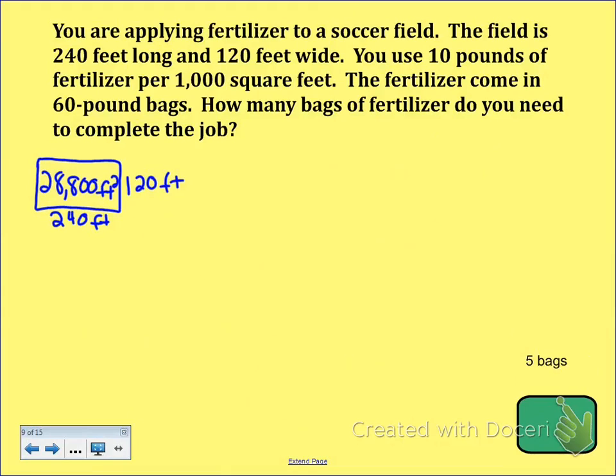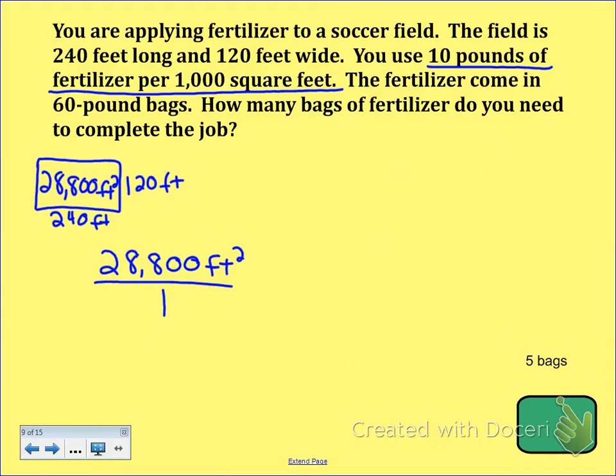So now we need to find out how many pounds of fertilizer we're going to use. So I'm going to take the 28,800 feet squared and put it over 1. Now I'm going to use this little bit of information here. 10 pounds of fertilizer per 1,000 square feet.